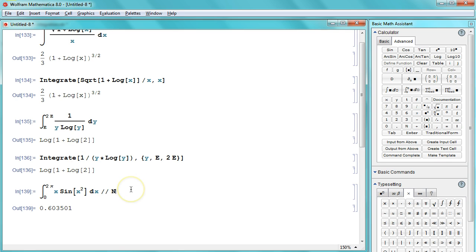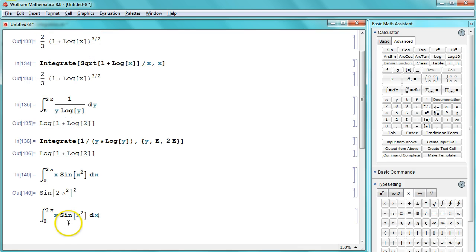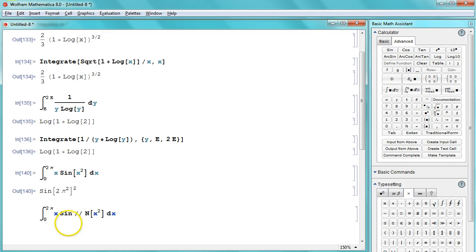If you want the symbolic value back, throw away this /N, then you're going to get something like that. What if you want to find both of them? Just keep it, and then copy and paste. Oops, wrong place. And then we have the symbolic answer, and then we have the numerical answer.